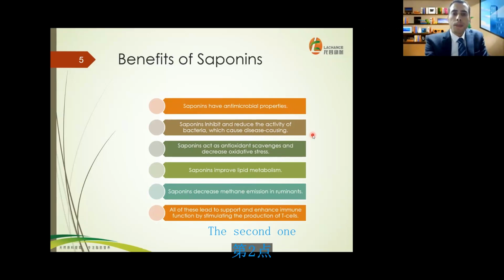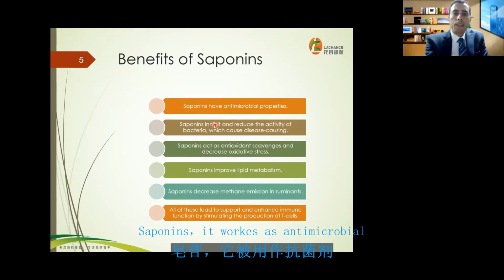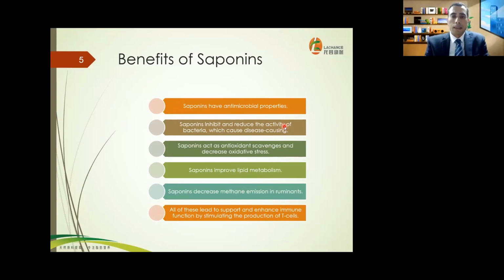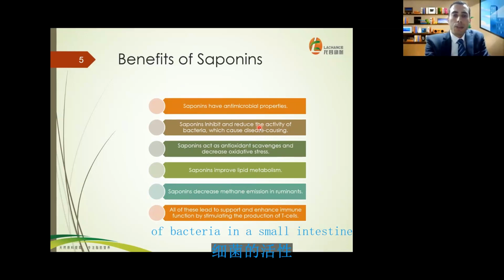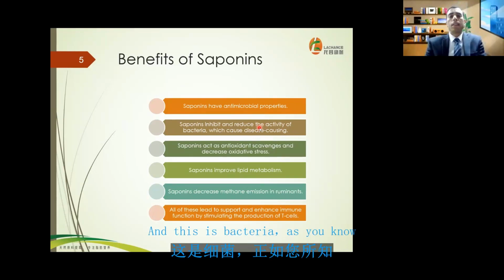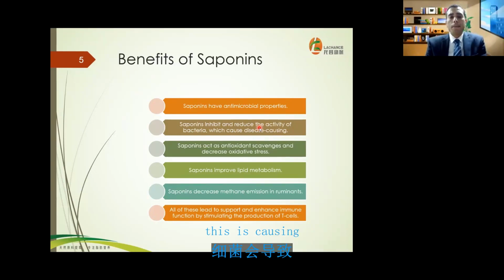The second one, saponin works as an antibiotic to help reduce bacterial and microbial load, so it inhibits and reduces the activity of bacteria in the small intestine. And these bacteria, as you know, cause disease in animals.